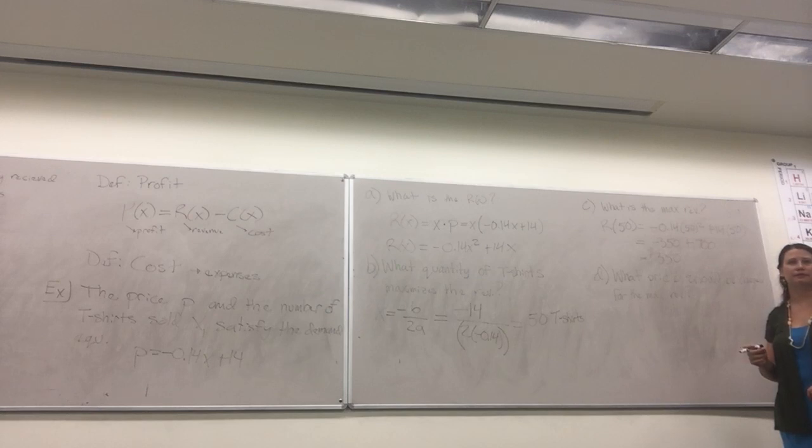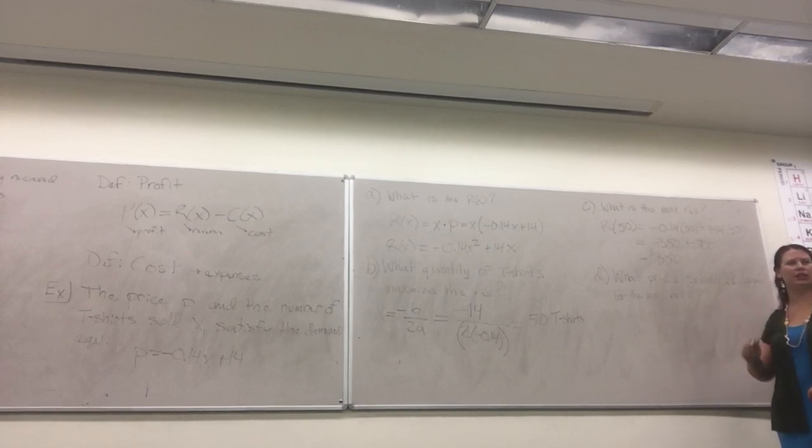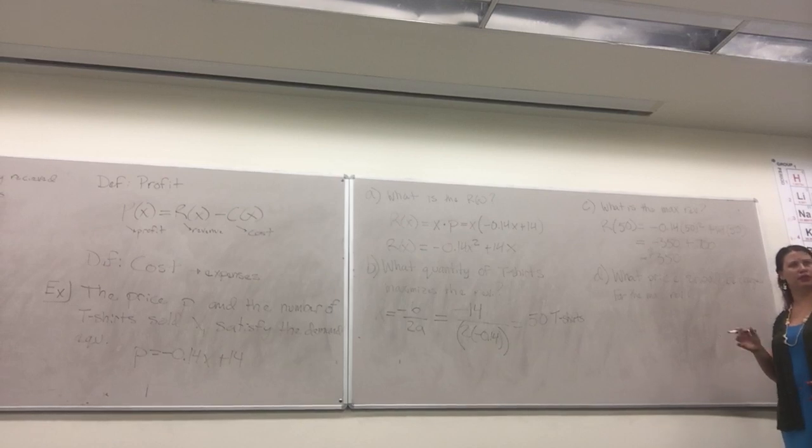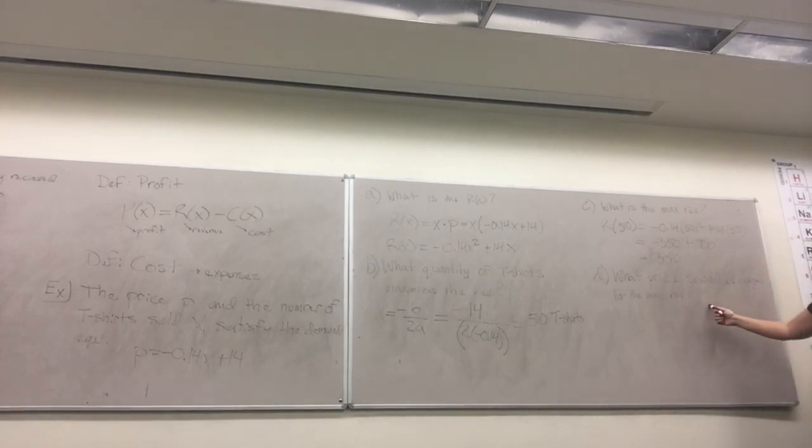So, on the left side, we'll put 350, since we know we have to, yes. Well, let's figure out what we're doing first, right? What this is asking? So we want to know what price we have to charge. You want to get the maximum? Yes, to get the maximum amount.